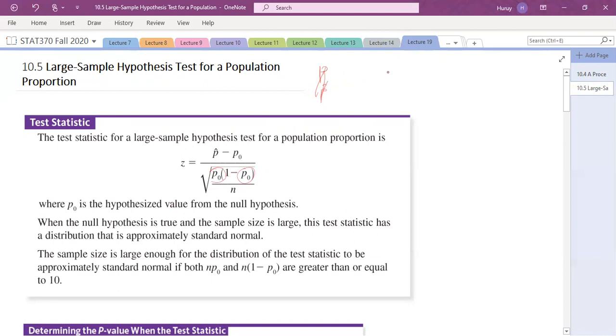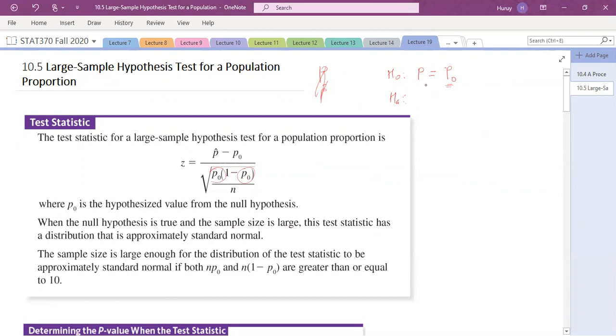Here we have the null hypothesis and the alternative hypothesis. In the null hypothesis, it says p equals a hypothesized value, and we use p sub naught to represent that hypothesized value. The alternative hypothesis will be one of the three, depending on the problem or on the claim.